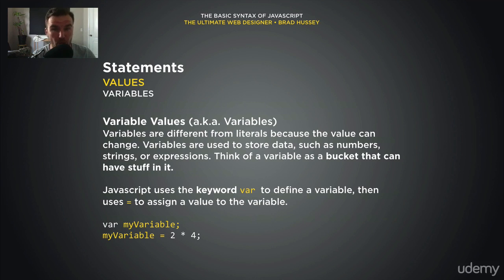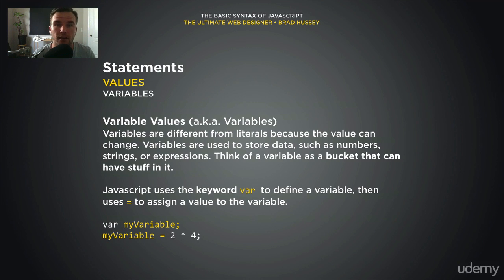JavaScript uses the keyword var, V-A-R, all lowercase, to define a variable, then uses the equal sign to assign a value to that variable. So an example here, var myVariable; on one line. Another statement, myVariable = 2 * 4.